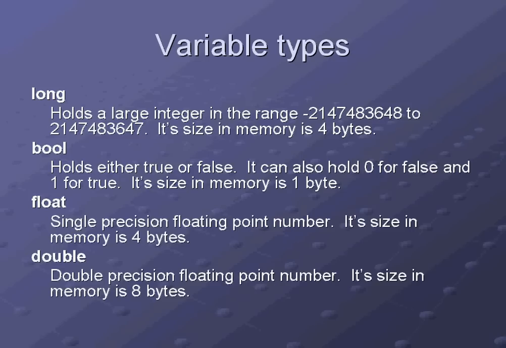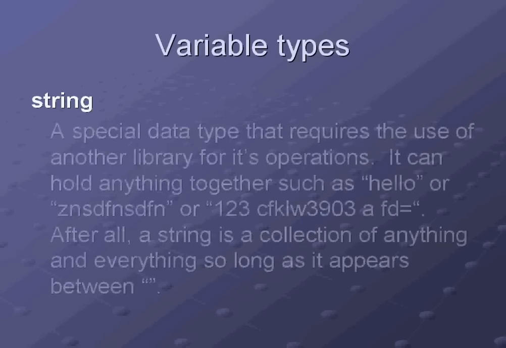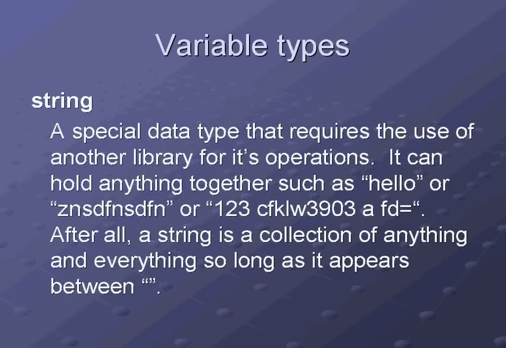And its size in memory, again hence its name, is 8 bytes. And lastly, we have a string, which is a special data type that requires the use of another library, the string library, for its operations. It can hold anything together, such as hello, or zavazigan, or 1, 2, 3. After all, the string is a collection of anything and everything, so long as it appears between a set of double quotes.